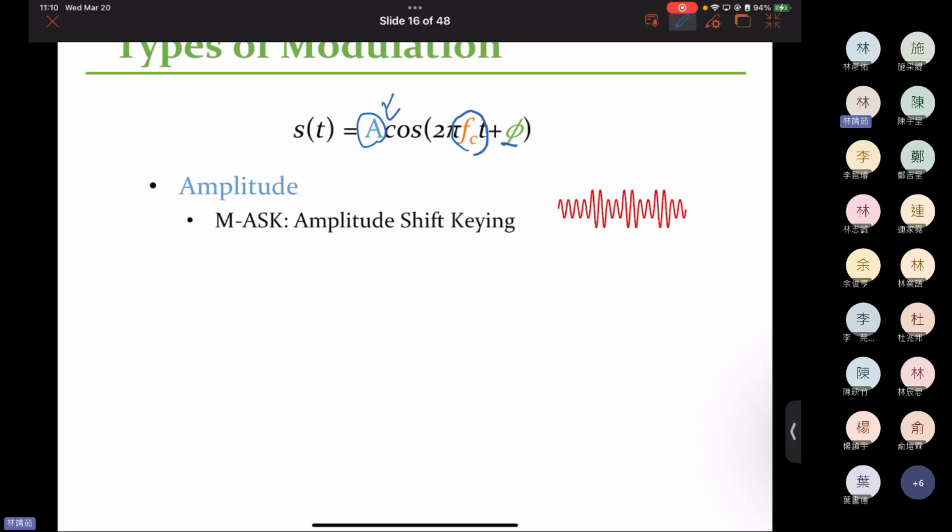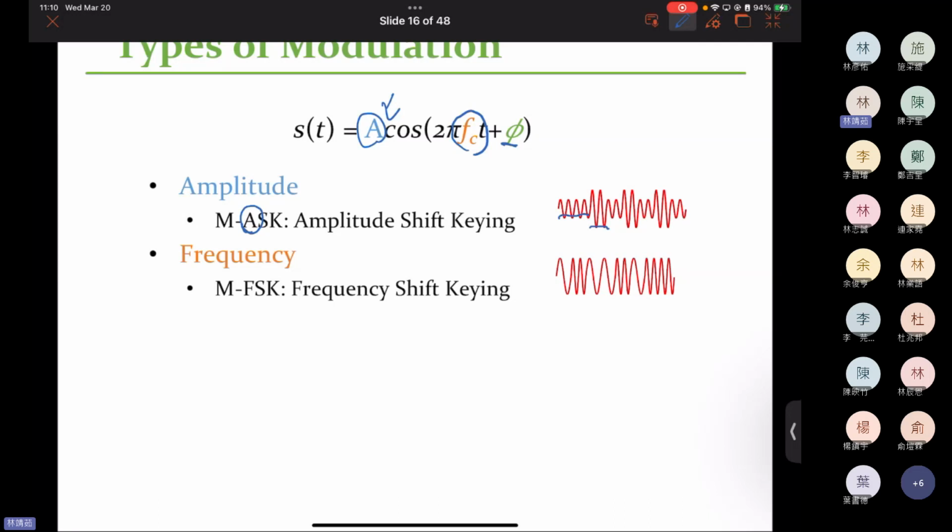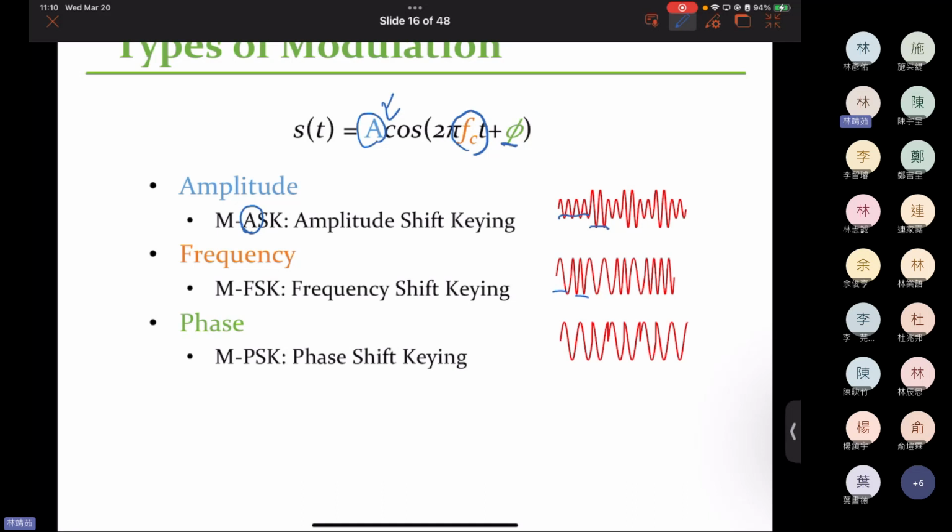According to the parameter you change, this modulation is ASK, which means you hide your information by changing the amplitude. Here you can see low amplitude and high amplitude. Or you can hide information by changing the frequency, low frequency and high frequency. Or by changing the phase, for example no delay and maybe some delay here.